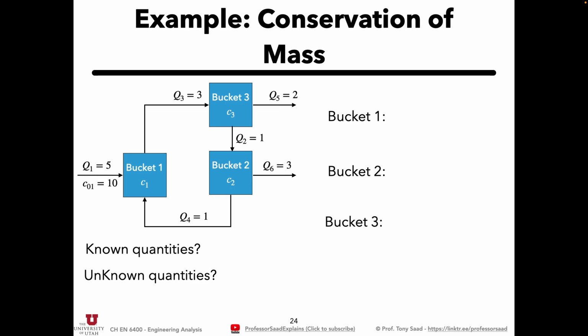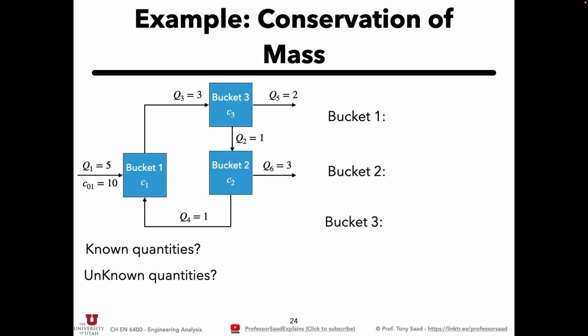It enters this bucket 1. Now, because we are steady state, we assume that everything mixes really quickly, or these buckets are small enough that there's one concentration everywhere. The concentration of the compound in this bucket becomes C1.